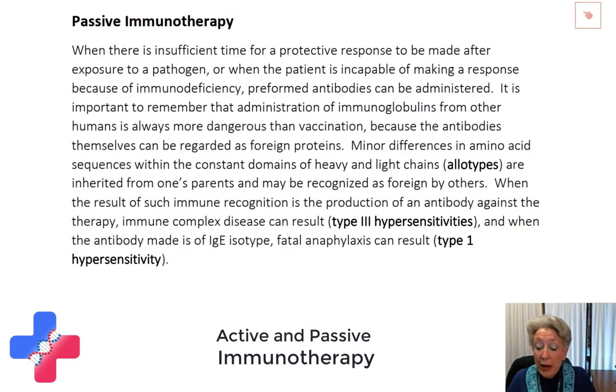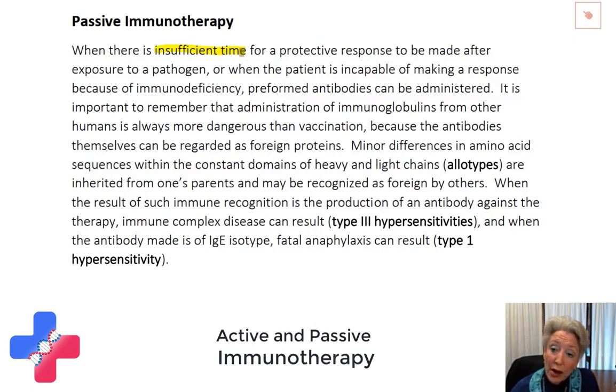Finally, let's talk about passive immunotherapy, because if I don't have enough time to have my patient work through an immune response of their own, then what I have to do is provide them with the preformed products of someone else's immune response.